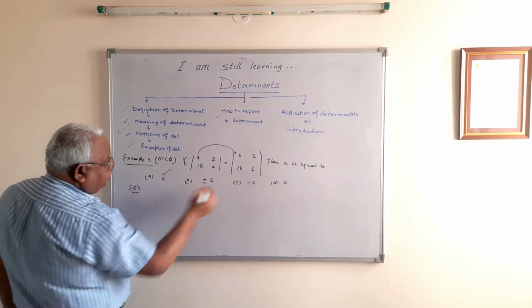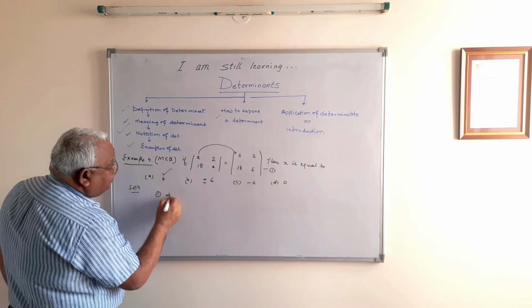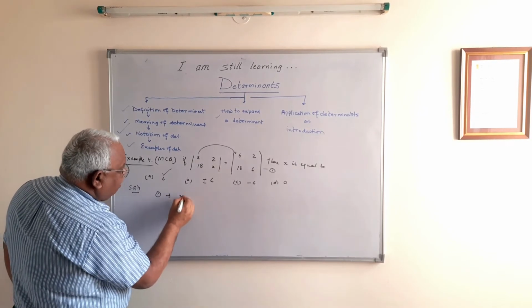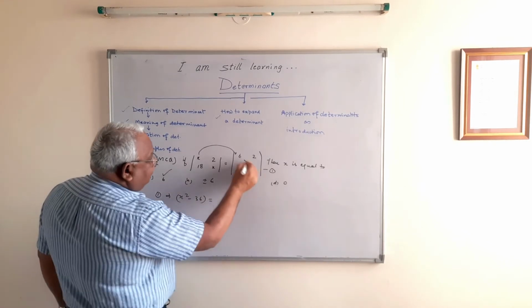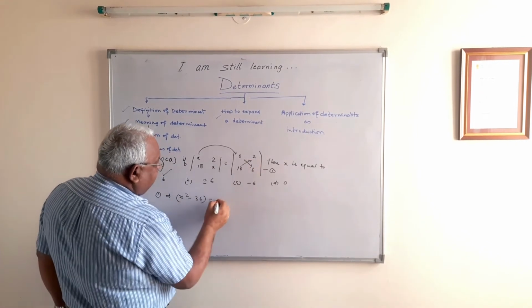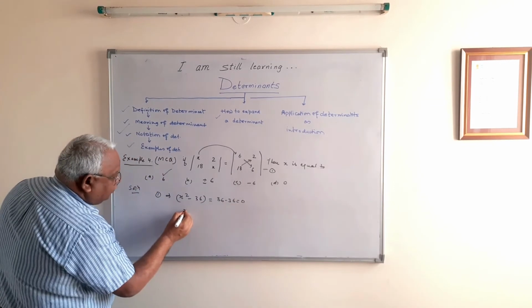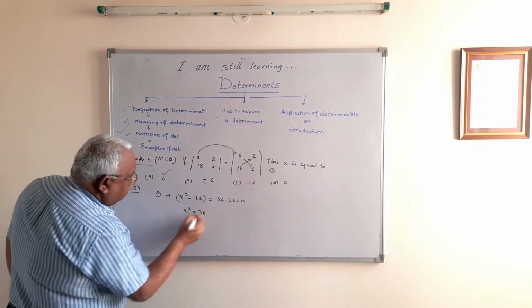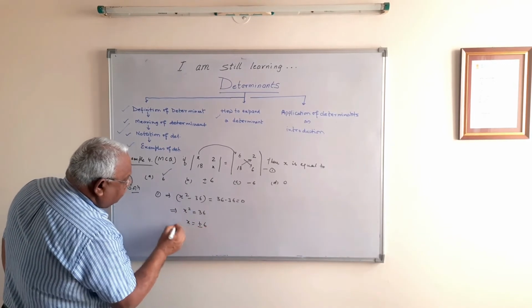Let us call it 1. 1 implies x squared minus 36, I am directly expanding it, equals 36 minus 36. So you get x squared equal to 36, so x is equal to plus minus 6.